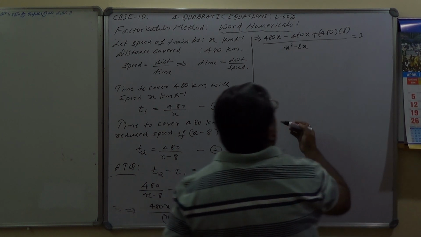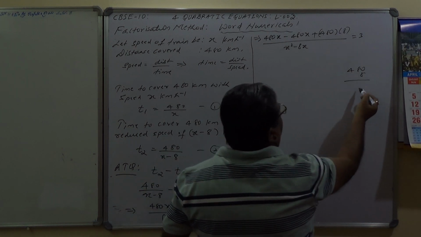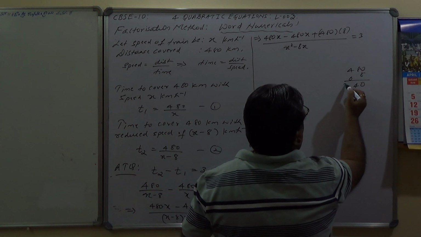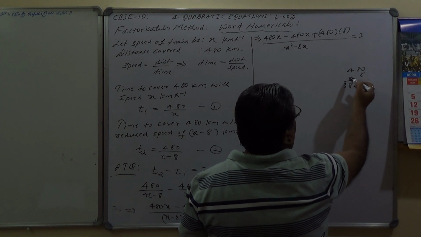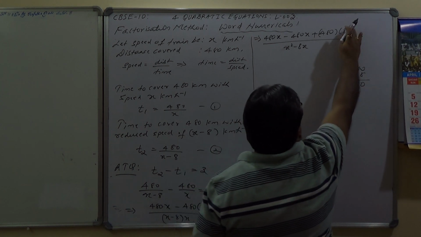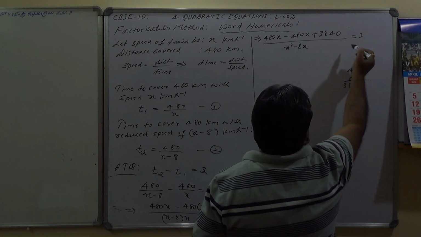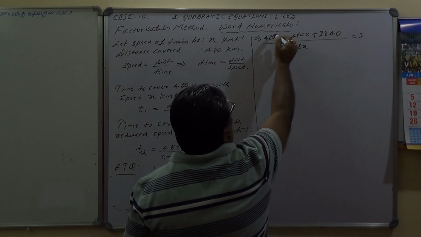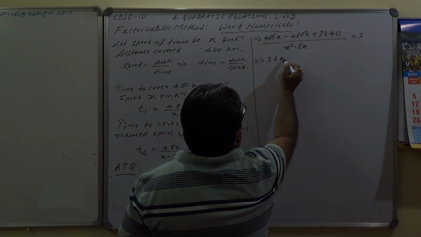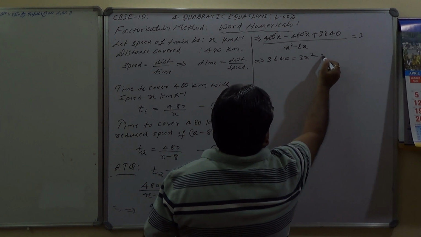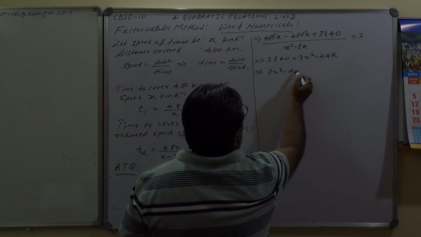Minus of minus is plus 480 into 8, which is 3840. So 3840 equals 3 into x square minus 8x. Now 480x minus 480x cancels, implying 3840 equals 3x square minus 24x.